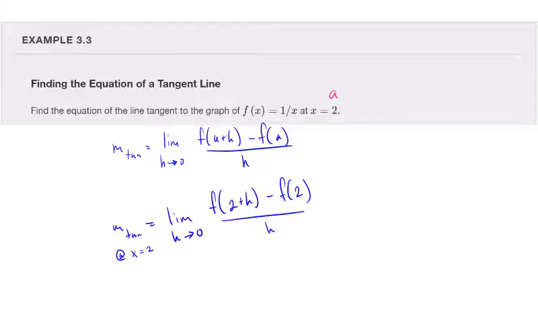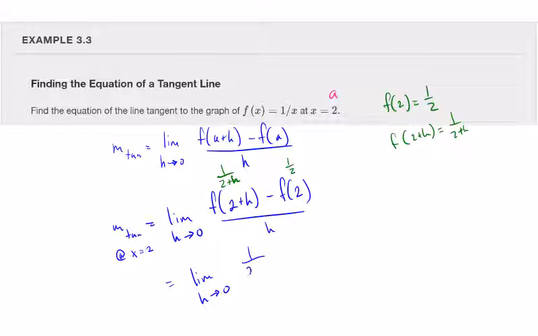And so first of all, let's find f of 2. So f of 2 is just going to be 1 over 2, right? So that's what we can plug in right here. And f of 2 plus h is just going to be 1 over 2 plus h. All right. And so we're going to find the limit as h approaches 0 of 1 over 2 plus h.